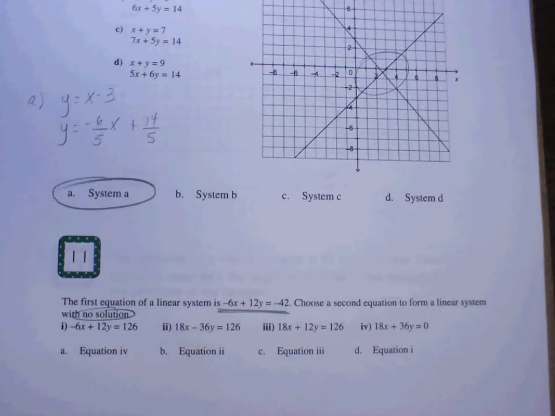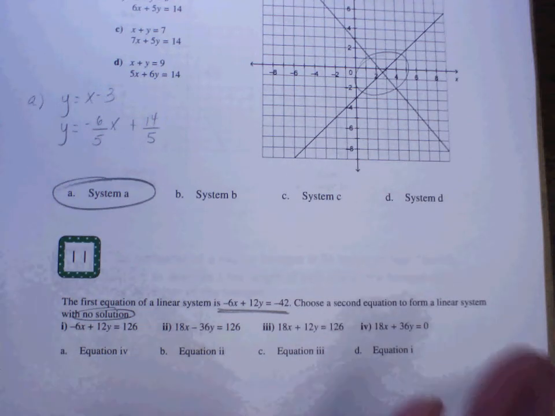Infinite amount of solutions. 100 points for your family. Thank you very much. Two lines that are exactly the same, that's why we said parallel, you have to pay attention. Two lines that are exactly the same have an infinite amount of solutions. You should know that by now.